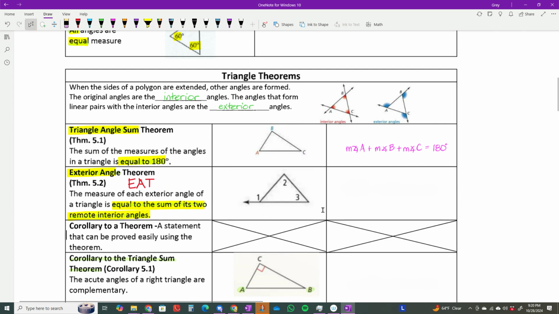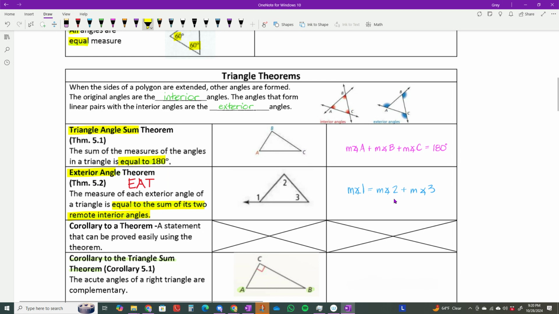So if you look at this picture, angle 1 is the exterior, and these are the two remote interior. This is an interior angle here, but it's not remote. It's next to the 1. So our formula in this case would be that the measure of angle 1 equals the measure of angle 2 plus the measure of angle 3.